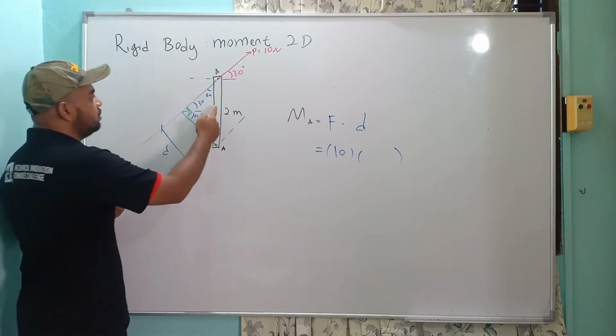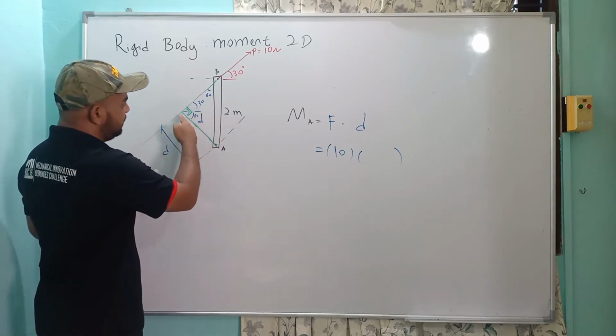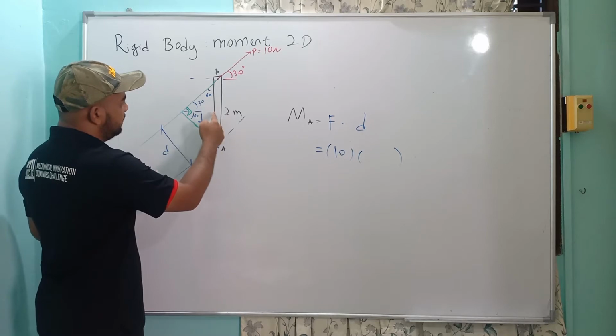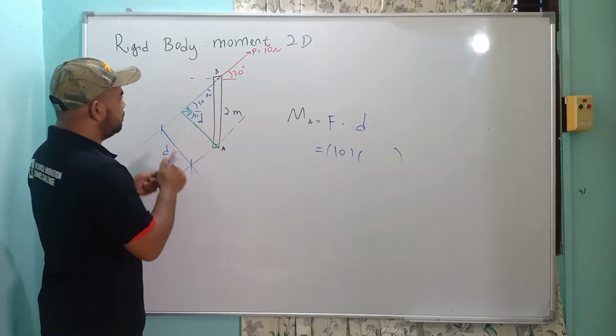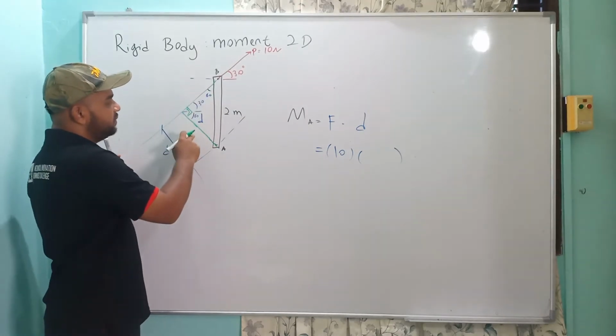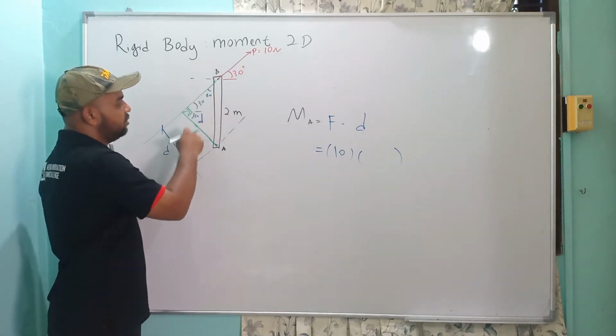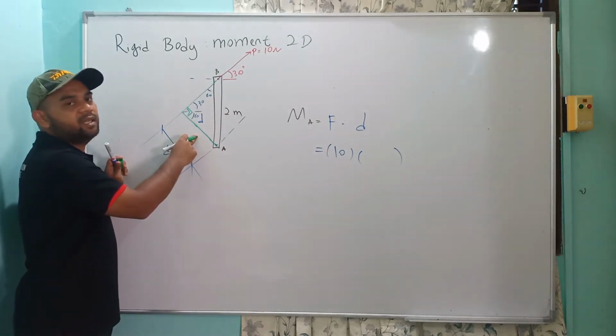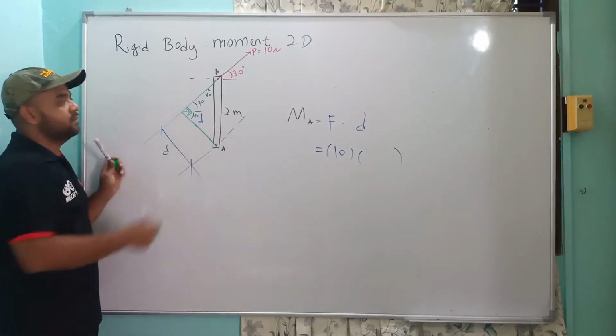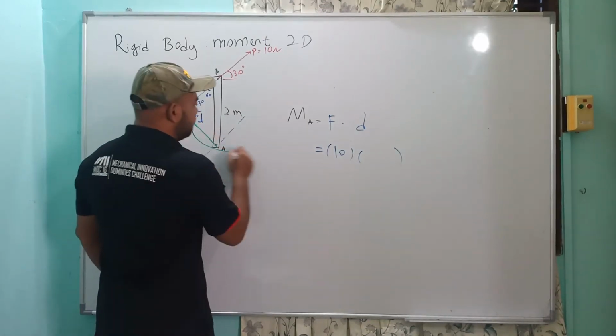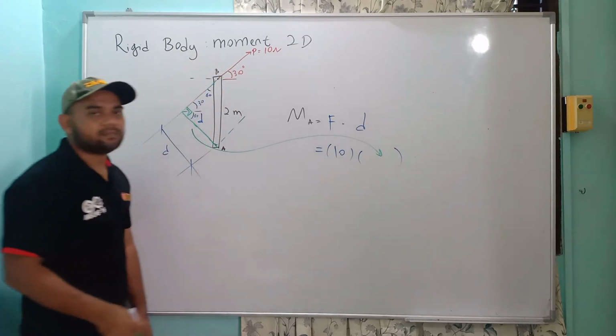From here, this is 2, and you want to take this 90. So you can use this 60 with the sine: 2 sine 60, and you get the D. Then you have the answer, D. So you put the D here.